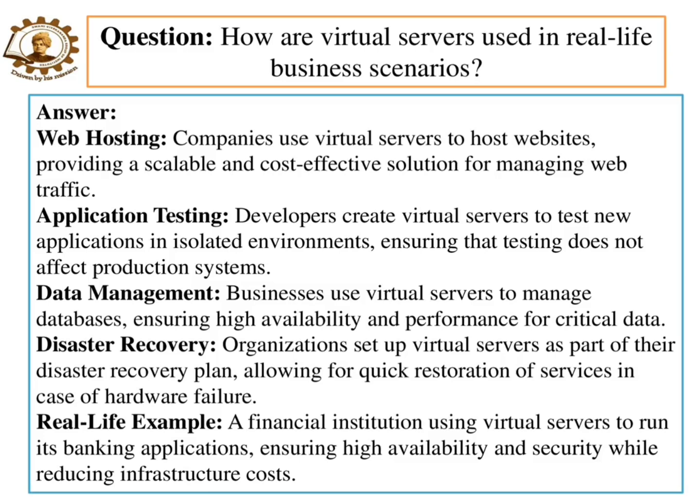Let's take an example, keeping in mind real-life business scenarios. A small business using virtual servers to run its e-commerce website, customer database, and internal email system on a single physical server, reducing cost and improving manageability.